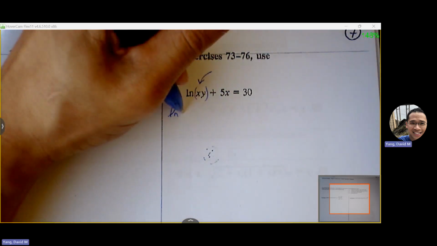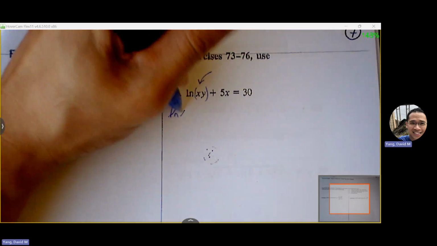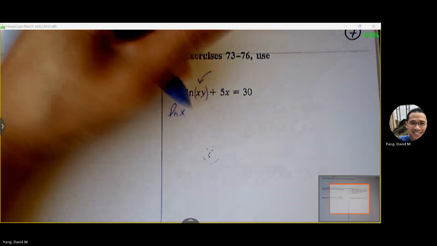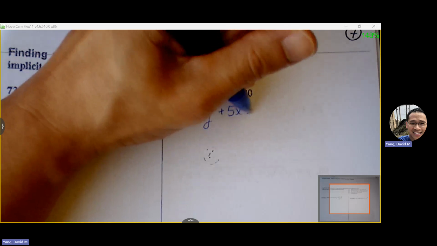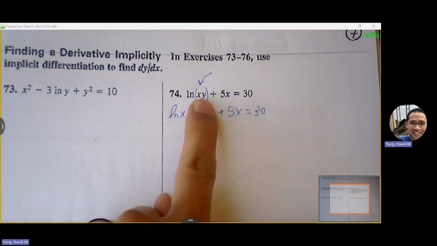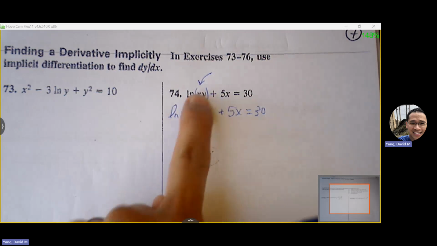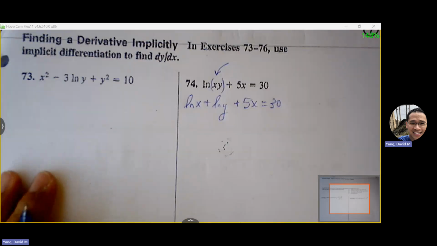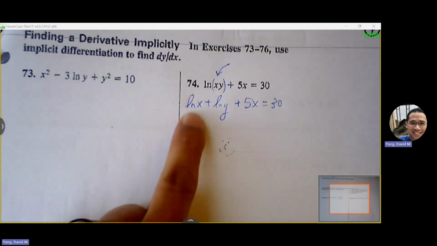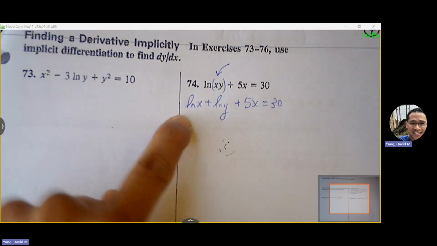Natural log of x plus natural log of y. And the reason that you would want to expand is because otherwise, this is a pretty messy product rule within chain rules. So now we're able to split this problem up into individual portions, and the derivative should be a little bit cleaner. Okay, so now each term we can apply the derivative rule.